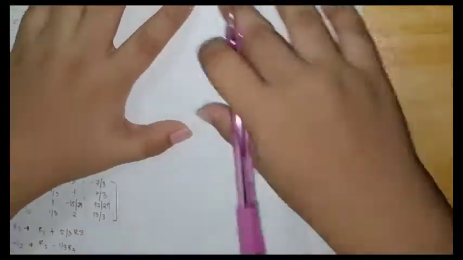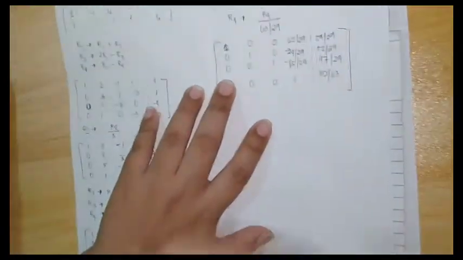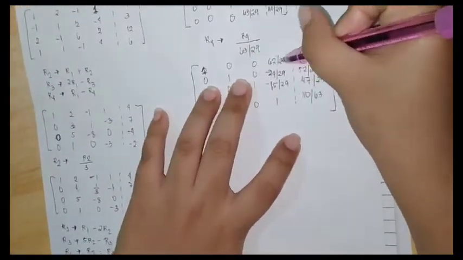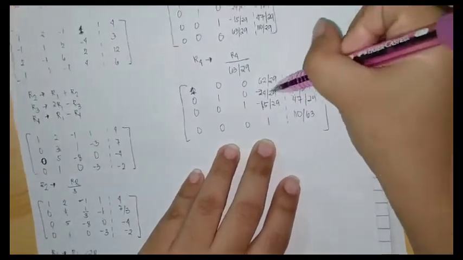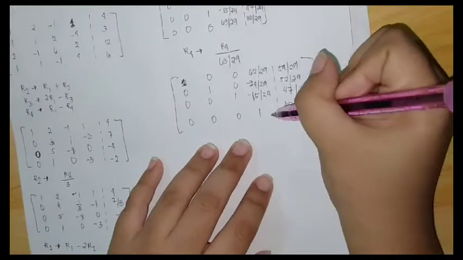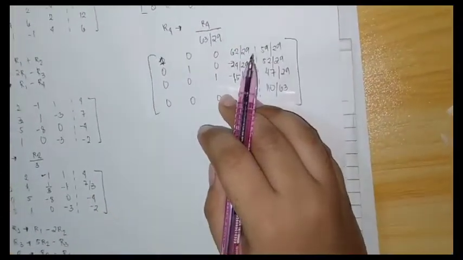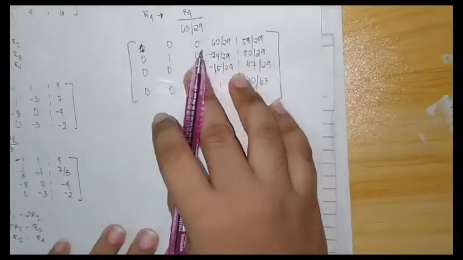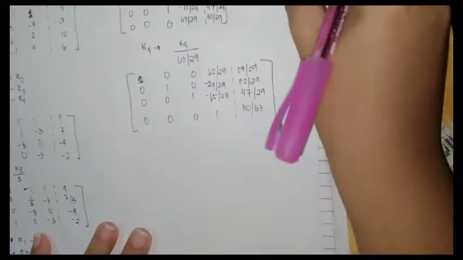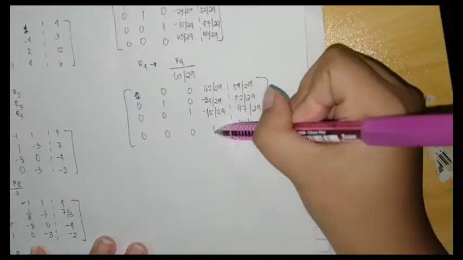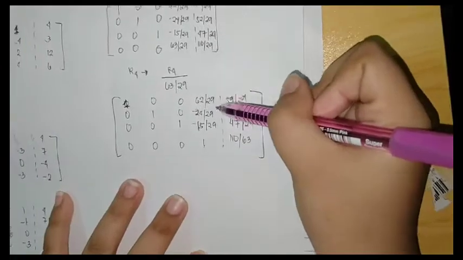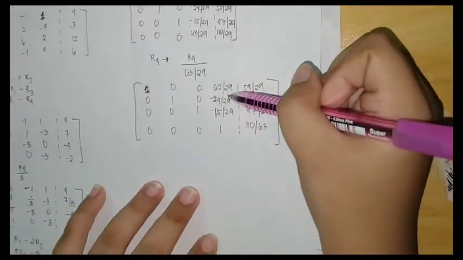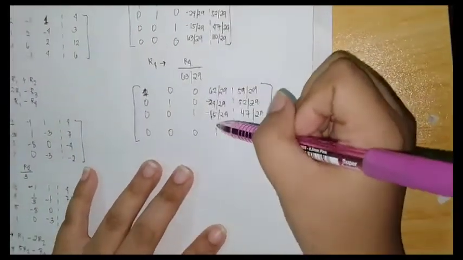So next, for this column, we're going to make this and this into 0 in terms of this. So how are we going to do it? So for R1, we have to multiply this by 62 over 29 and subtract the answer from R1.